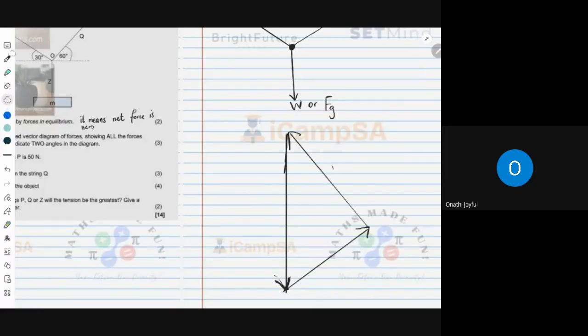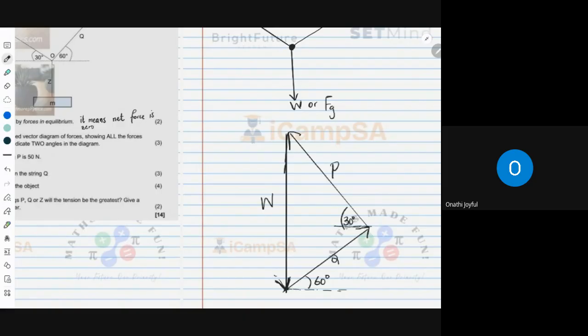This is P. You are not changing anything. The initial angle that P had will still keep it. So what that means is, if you were to draw a line here, this angle is still the one that we are given there, which is 30 degrees. And if you draw another line here at Q, this angle is still the same 60 degrees that we were given initially. Nothing changes. Okay?